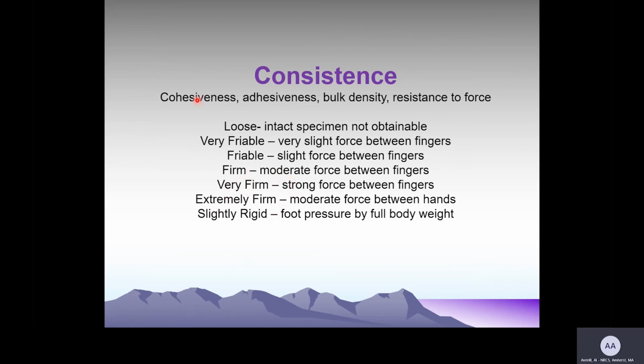For the environment, you don't need to know all of this. The important thing to know is that consistence relates to how well water and roots can move down through the soil. When you start to get into a firm, very firm, extremely firm consistence, that becomes difficult for roots to penetrate and it becomes difficult for water to move through it.